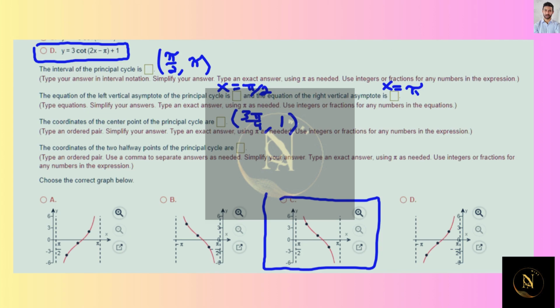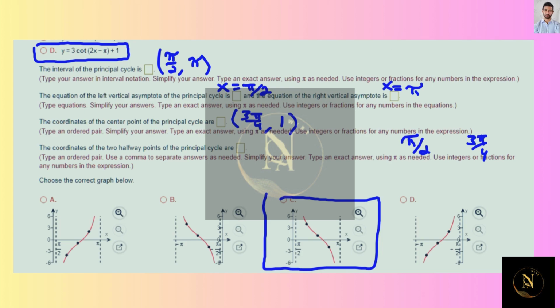Then the coordinates of 2 halfway points of the principal cycle. Okay, well, if that's 3 pi over 4, then halfway between pi over 2 and 3 pi over 4. This is the same as 2 pi over 4, but halfway between there, let's go in denominators of 8.